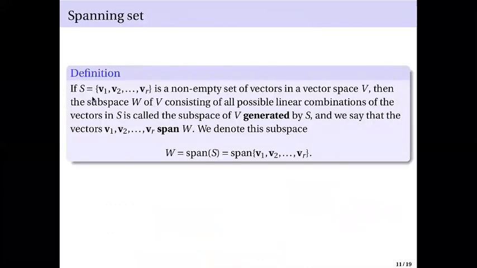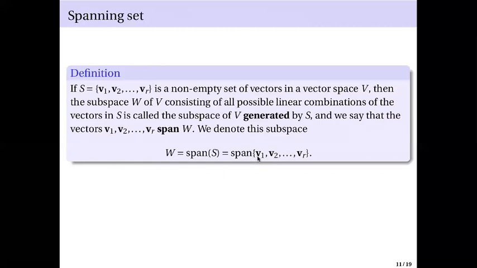Let S be the set of vectors v1, v2 until vr, a non-empty set of vectors in a vector space V. Then the subspace W of V consisting of all possible linear combinations of the vectors in S, we call the subspace of V generated by S. We say that the vectors v1, v2 until vr span W, and we denote this subspace W as span S, or span of v1, v2 until vr.